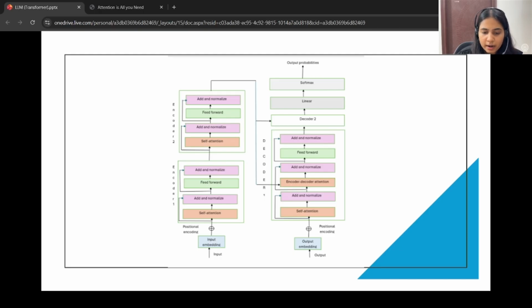Now when add and normalize is done, encoder one is done, it did its process, and the output after the add and normalize will go to another encoder, that is encoder 2, and again the same layers will be there: self attention, add and normalize, feed forward neural network, add and normalize again, right?